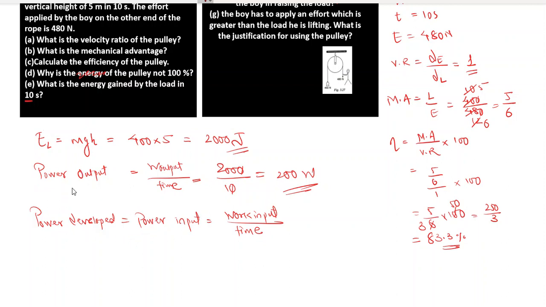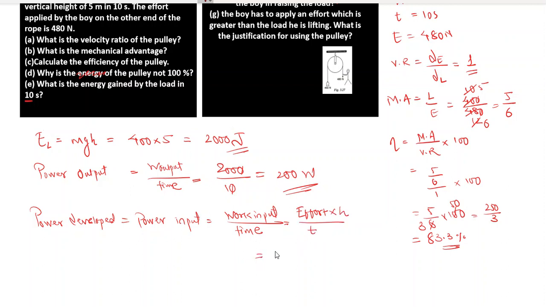Developed means the power which is given in by the boy, that is power input. So what is work input? Effort multiplied by height, that is the distance, upon time.